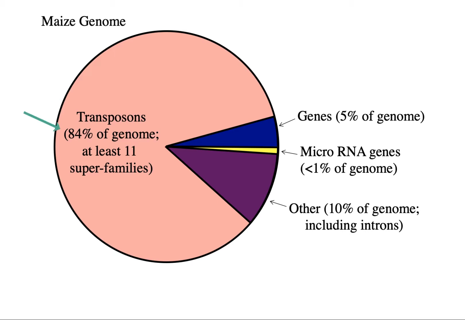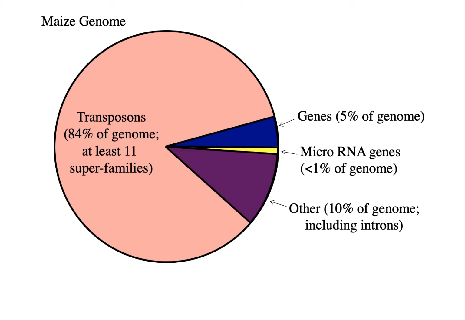So about 84% of the genome is made up of transposons and retrotransposons, including at least 11 superfamilies. One of those includes the AC and DS elements. And only 5% of the genome is actually made up of mRNA genes and other genes. About 1% is made up of microRNA genes, and about 10% of the genome is other sequences, including introns.